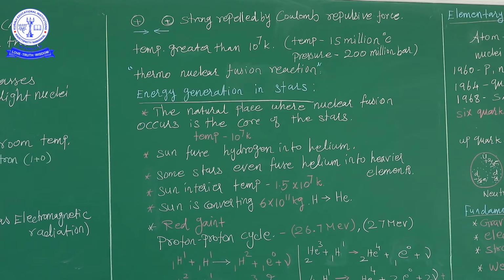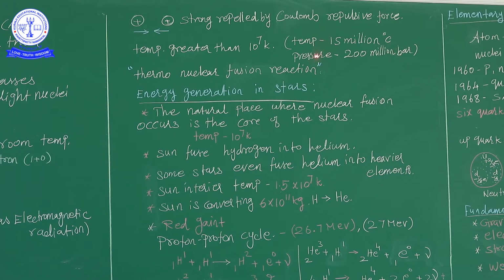For example, at 15 million degrees centigrade it is possible to form a heavier nucleus from light nuclei. At that time the pressure is increased to 200 million bar.